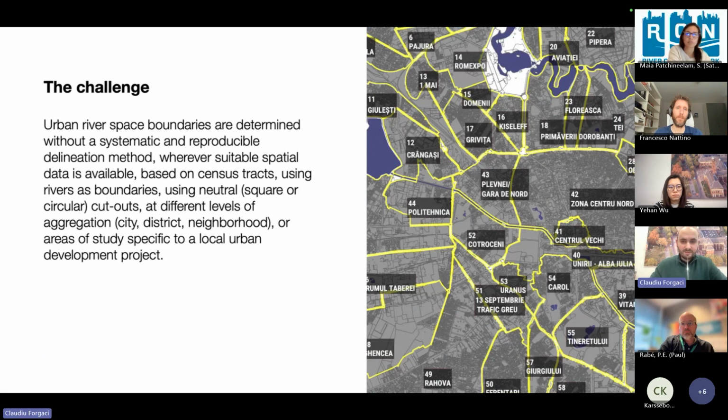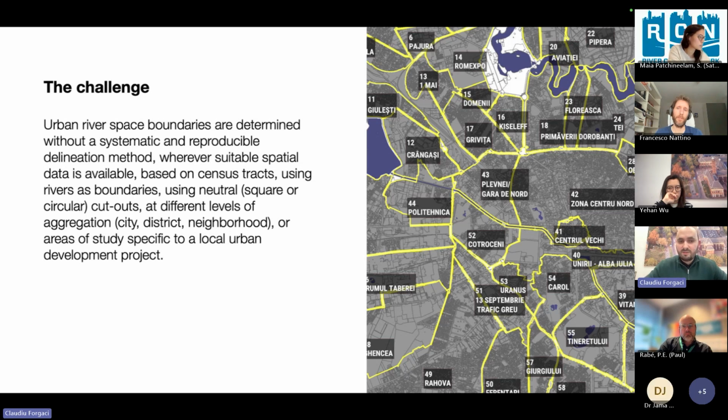Now, as this trend continues, urban river space boundaries are determined without a systematic and reproducible delineation method. So without a systematic way of drawing the boundaries within which a certain phenomenon is understood.